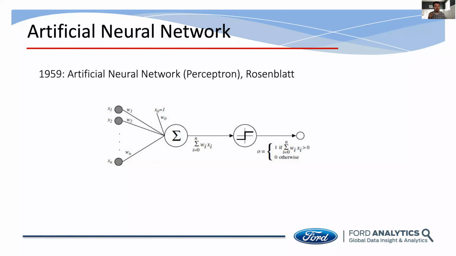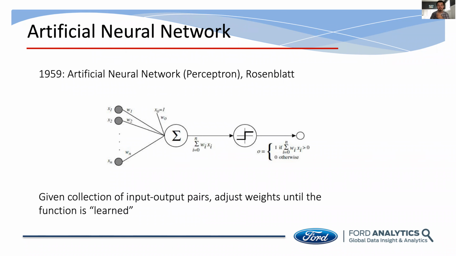So what Frank Rosenblatt did was basically say, if you wanted to learn how to do a simple task, like maybe just replicate some basic logic functions, you could do so with this model. And he described how you could take input-output pairs of this function you're ultimately trying to learn, and see if the function guesses wrong on some of the outputs, and there's a way to adjust these weights until it guesses right.